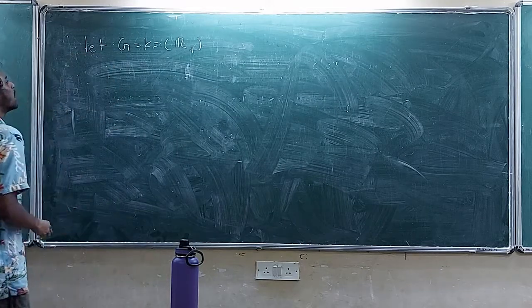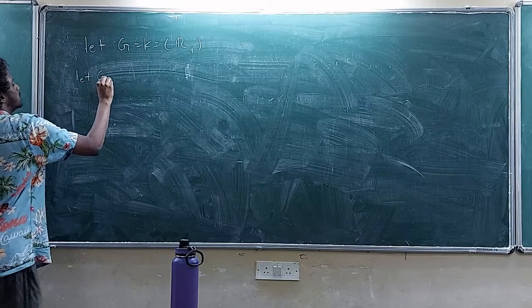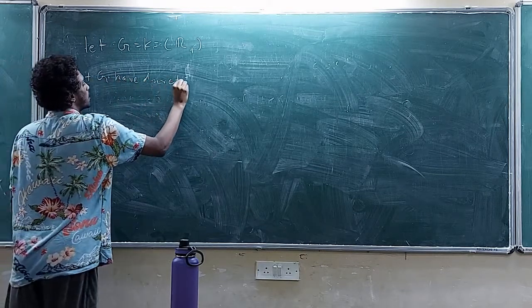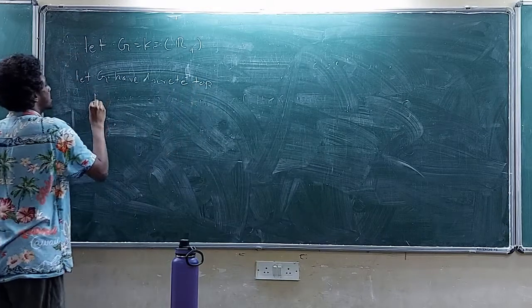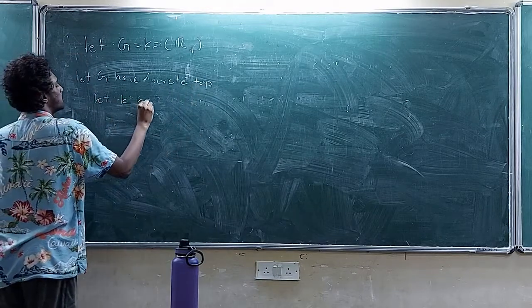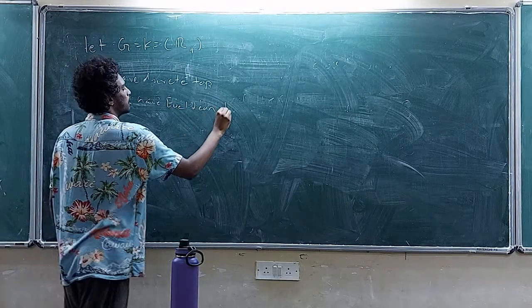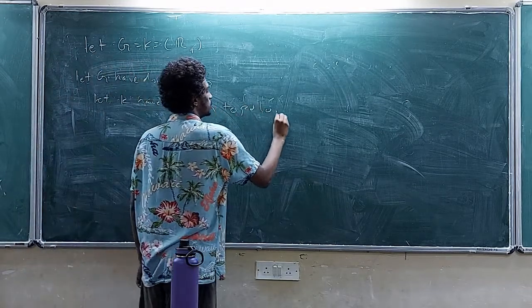So I can say let G have discrete topology, let K have Euclidean topology.